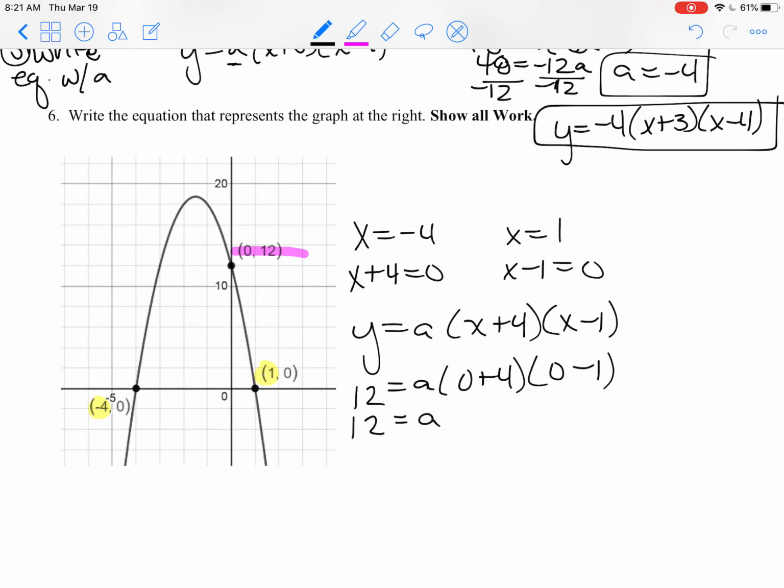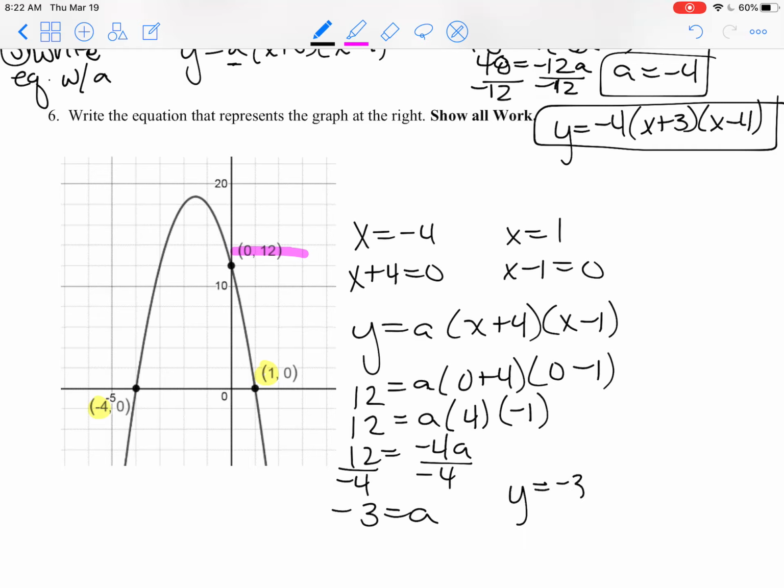Don't make it harder for yourselves. Remember, as I always say, work smarter, not harder. So 12 equals negative 4a. Divide by negative 4. And negative 3 is equal to a. Write your equation. Y equals negative 3 times x plus 4 times x minus 1.